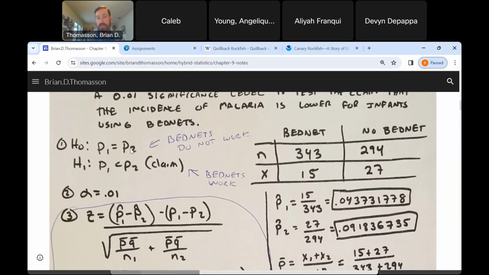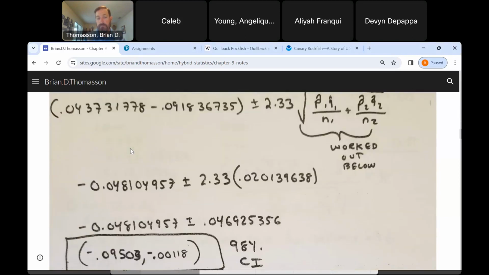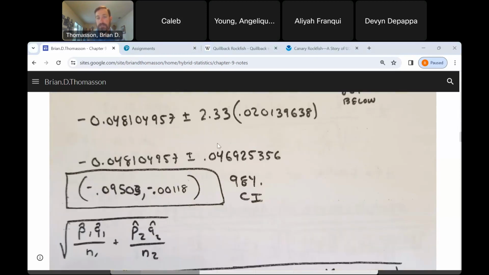Okay, so H0 is the difference is 0, and what the confidence interval is saying is no, the difference is not 0. They're both negative, so 0 is not in that range. So since we rejected H0, 0 is not going to be in there. If we failed to reject H0, 0 would be in there. Okay, I'm going to take a second to let you guys digest that.